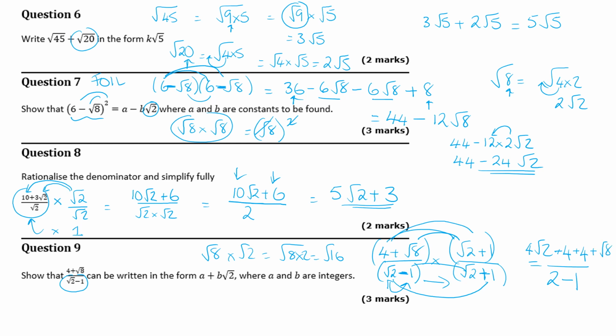Now our numbers, we've got 4 plus 4 is going to give me 8, plus 4 root 2 plus root 8. Now root 8, we've seen this already, is 4 times 2, and then the 4 can come out as a 2 root 2. So that's 2 root 2, and it's all over 1 on the bottom, so we don't need a denominator there. So we have altogether 8 plus 6 root 2.